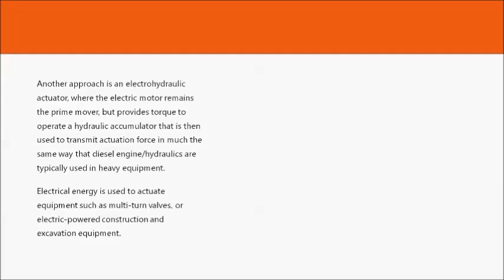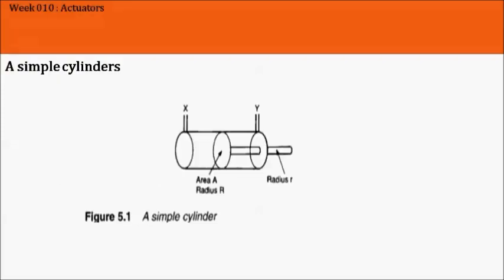Okay, next. We discuss now a simple cylinder. A simple cylinder is shown in this one, like that one, and then this has a radius. This is the X and the Y. That shows a cylinder. A cylinder is also a type of actuator, or a part of an actuator. Okay, that is the drawing or the figure.